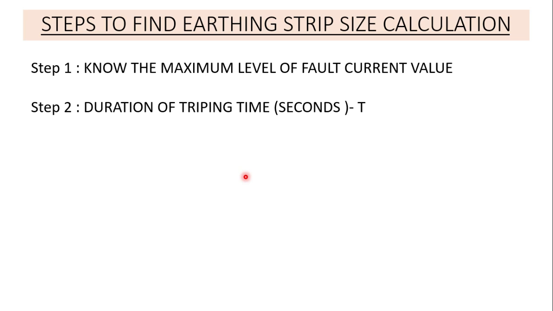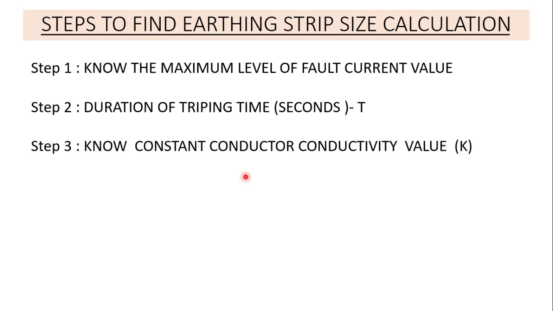Whenever we use breakers, we have to set the tripping time, so here we have to select the duration of tripping time. That is step 2. Then step 3, know the constant conductivity value, which is denoted by K. It depends upon the material of the earthing strips.